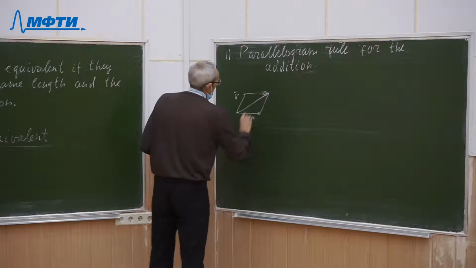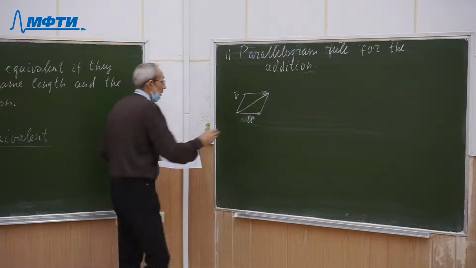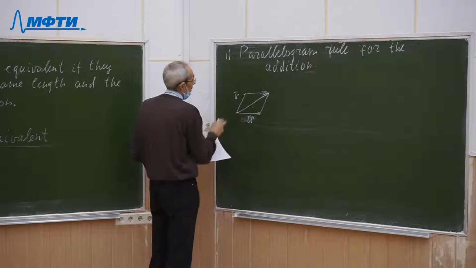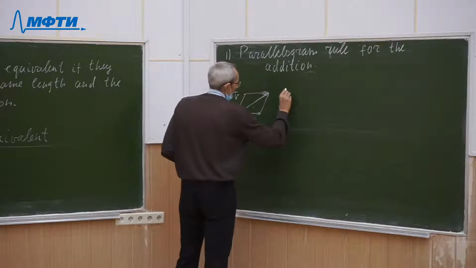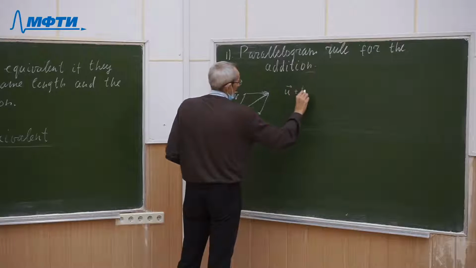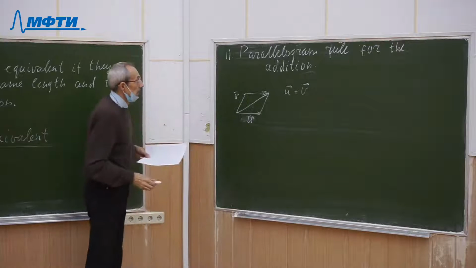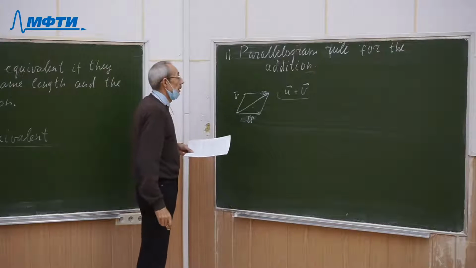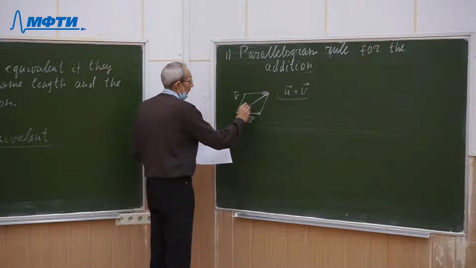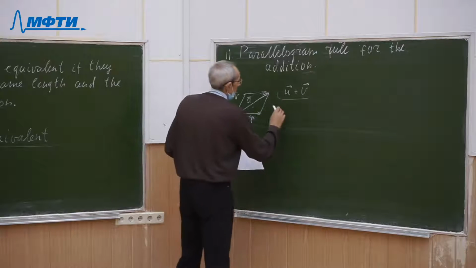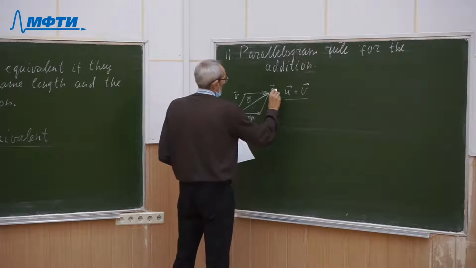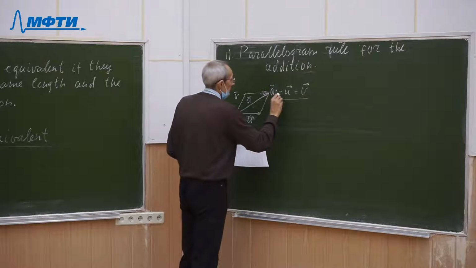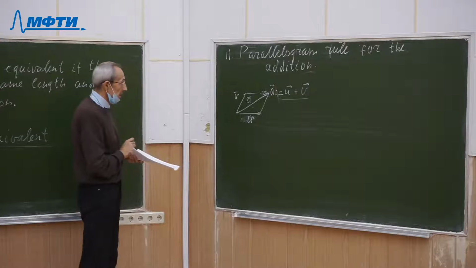The diagonal of this parallelogram is the vector which is defined as the sum of the vectors U and V. We denote this vector by U plus V. This diagonal is the vector A, and by definition A is the sum of U and V.